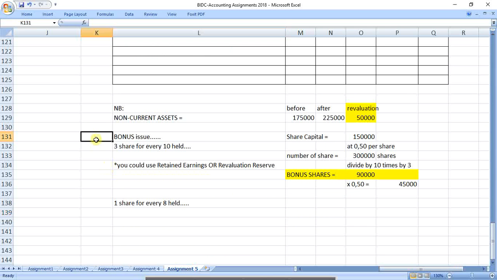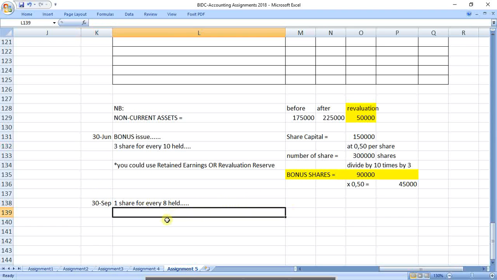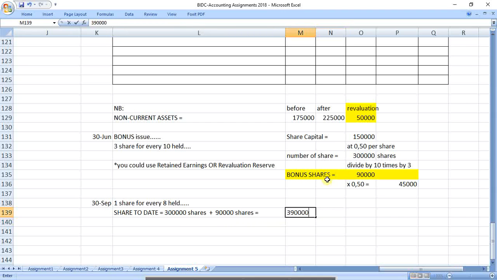Okay, so let's write the date here. 30th of June, next to bonus issue, and then this one is 30th September. So obviously September is after June. Now I need to look at how many shares. Shares to date equals, I had 300,000 shares plus the 90,000 shares equals a total 390,000 shares.